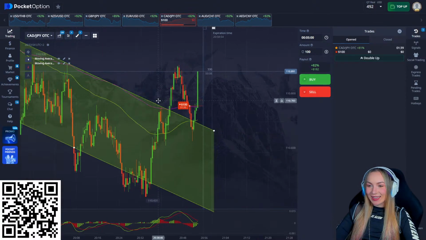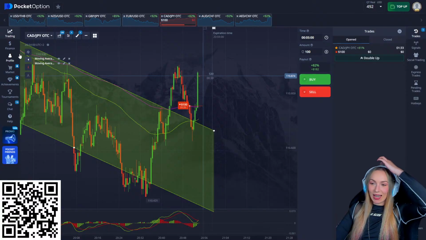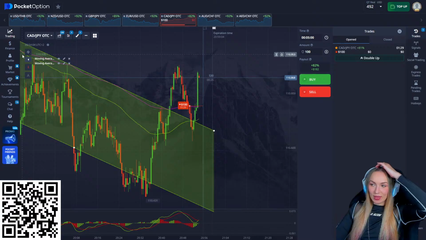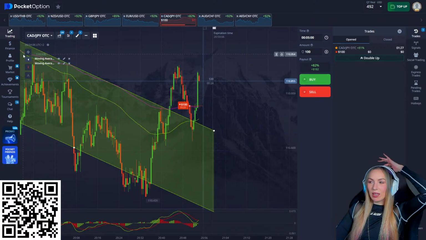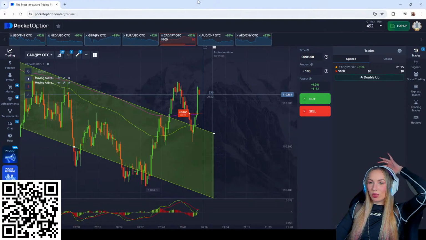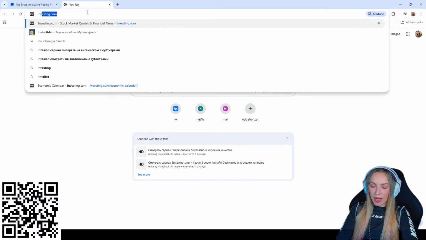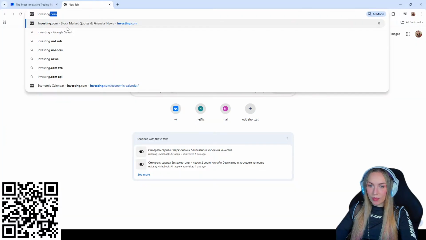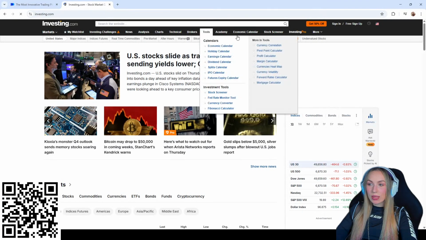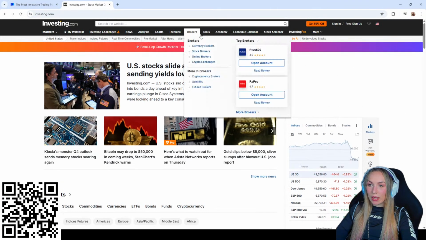Okay, that's good. See, oh my god, CAD JPY, what is that huge candle? Maybe some news came out, though I think for Canada it's maybe working hours. We can actually check investing.com to see if there are any news.